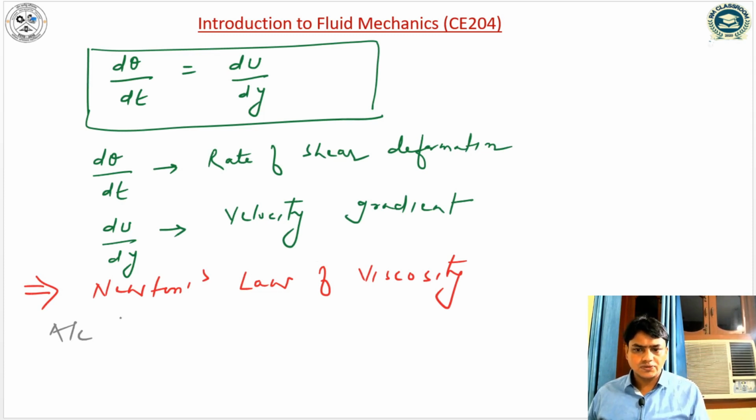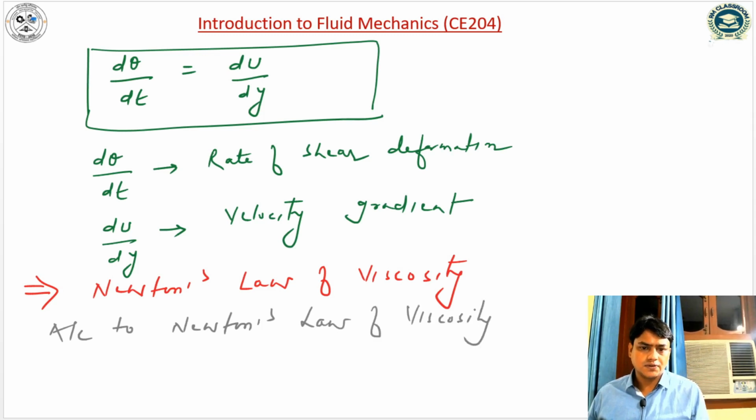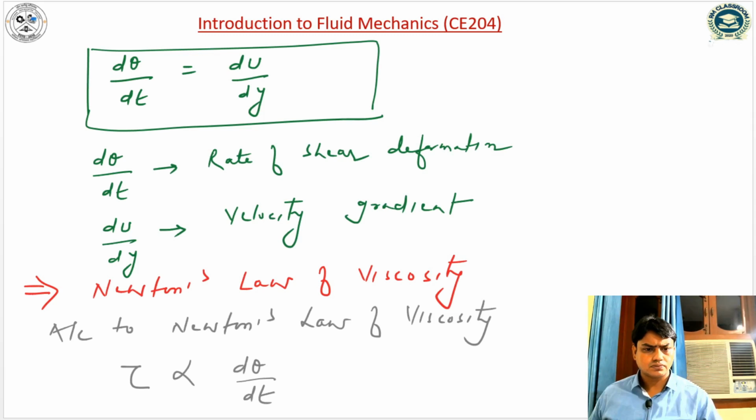So shear stress tau is directly proportional to d theta by dt, where tau is the shear stress and d theta by dt is the rate of shear deformation.